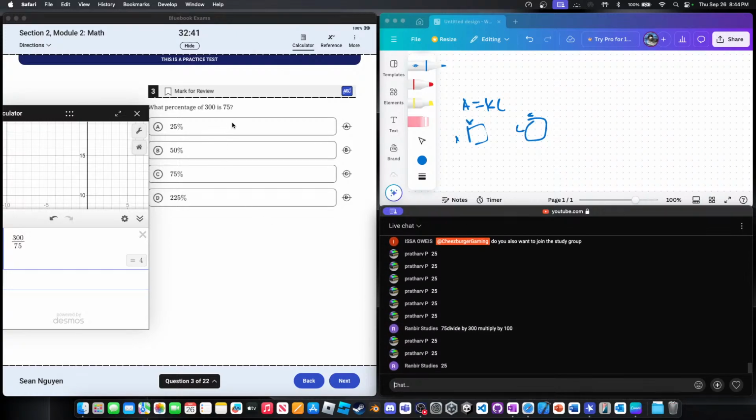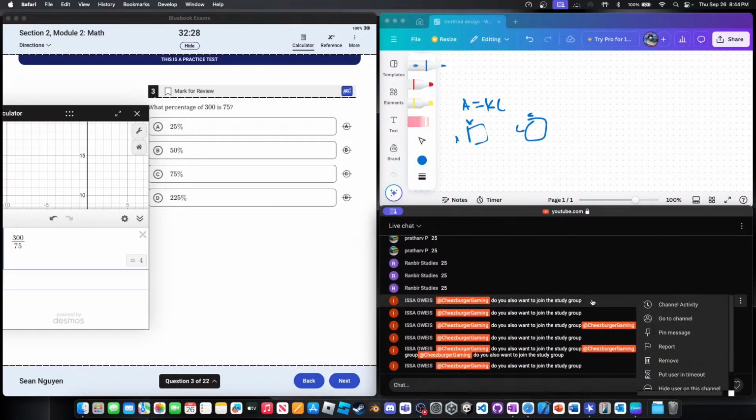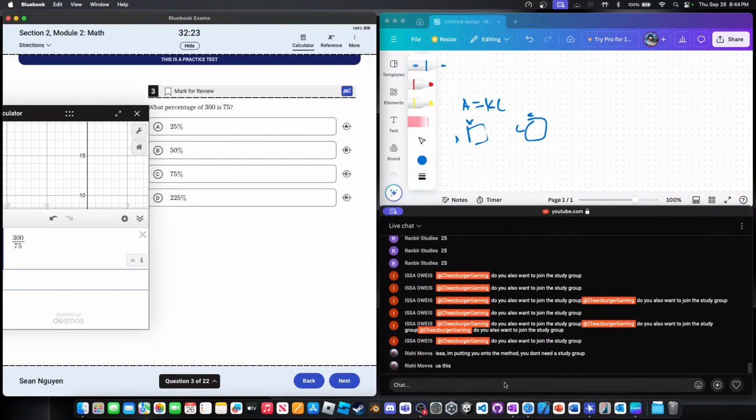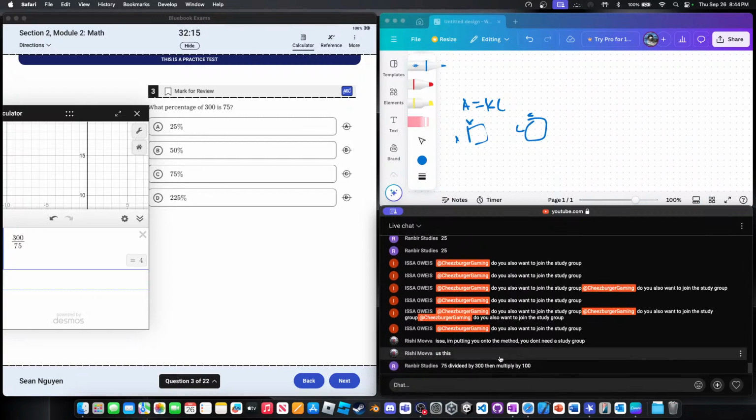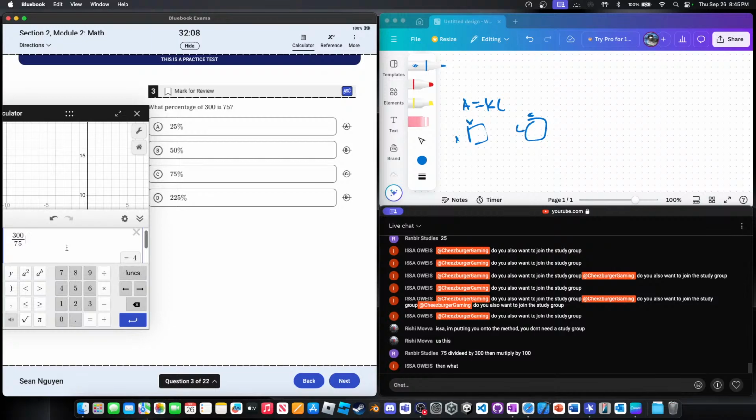Where did you get 25? If you could explain instead of spamming in the chat, because I want to understand. 75 divided by 300, then multiply by 100. So I did it wrong? What percent of 300 is 75?